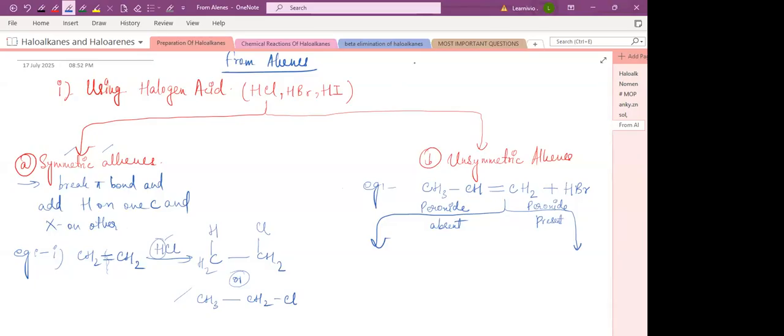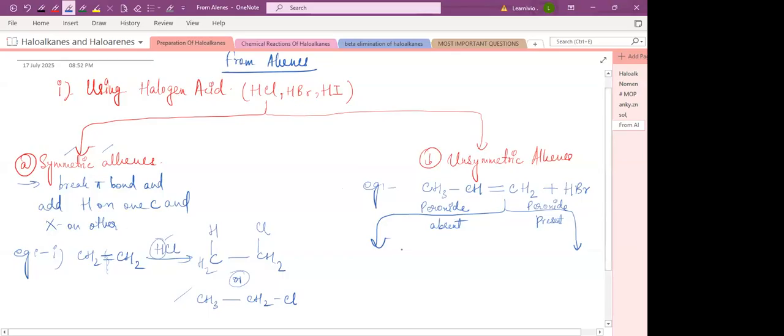The hydrogen bonds to the carbon with more hydrogen, where there's a double bond. Okay. So basically, the hydrogen attaches itself to the carbon which has the greater number of hydrogen substituents, right?